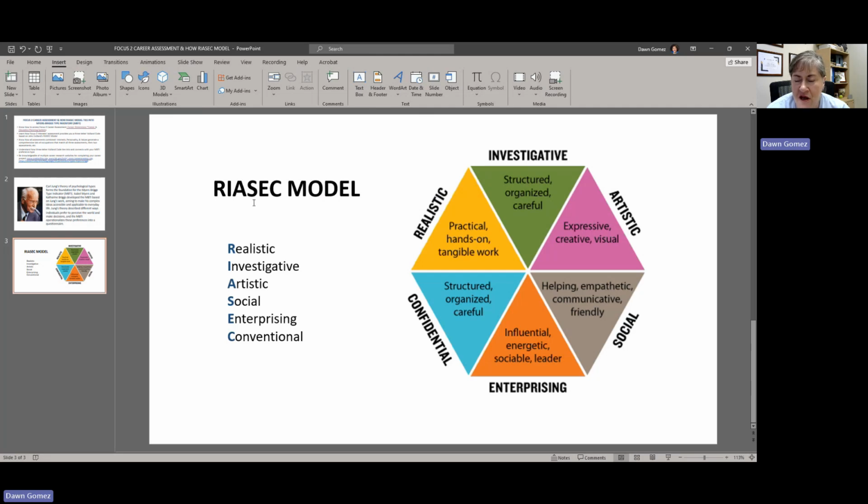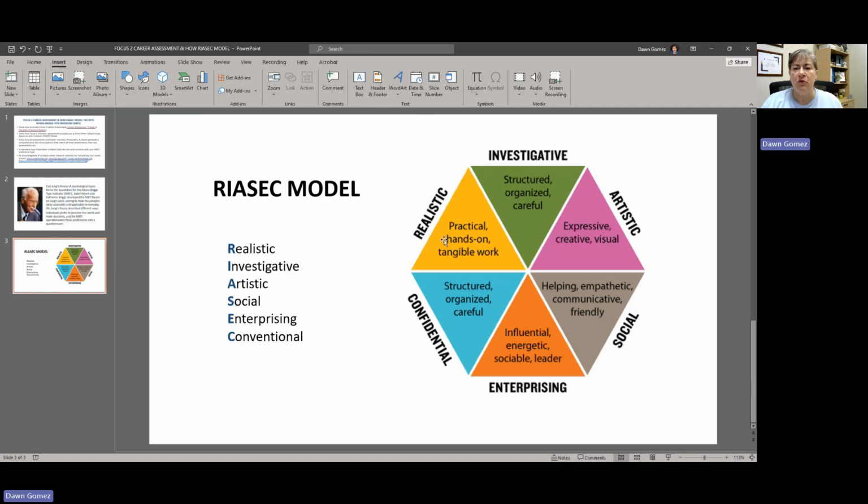And from your 3 Holland codes, your primary, secondary, and tertiary, you can then research the careers under that code, and you can then mix the code up into as many combinations and look at the occupations underneath those codes. And by conducting research across multiple databases, you will be able to pare down your interest eventually to one. But it is going to take some work on your part, and that is part of the project.